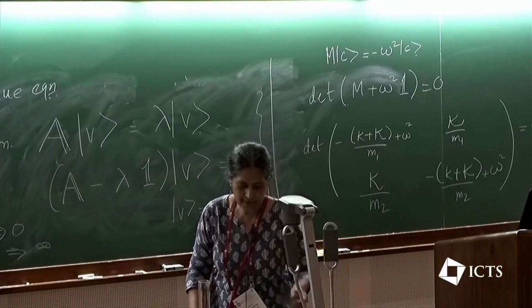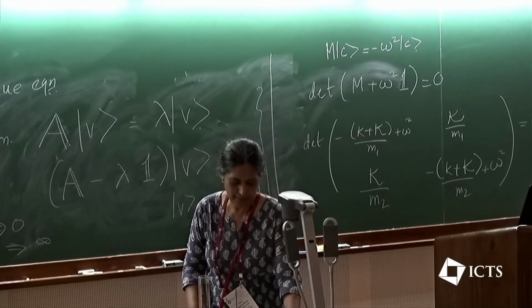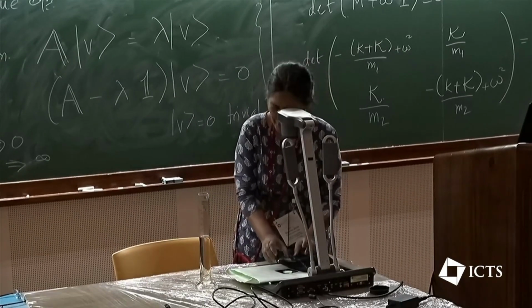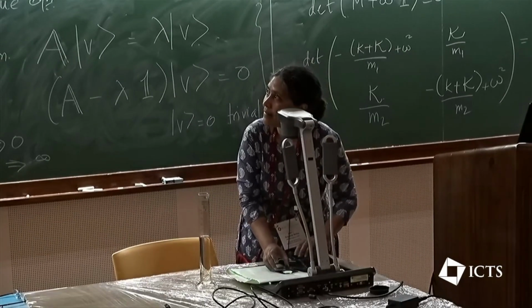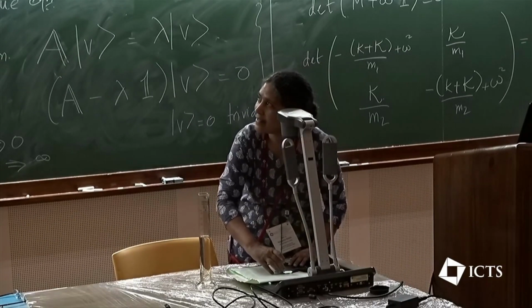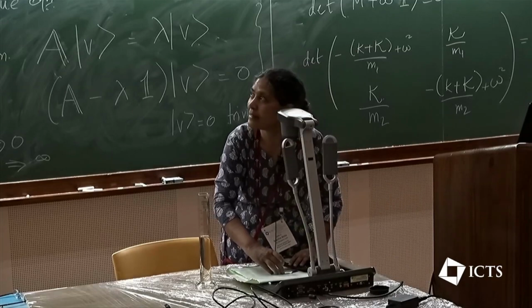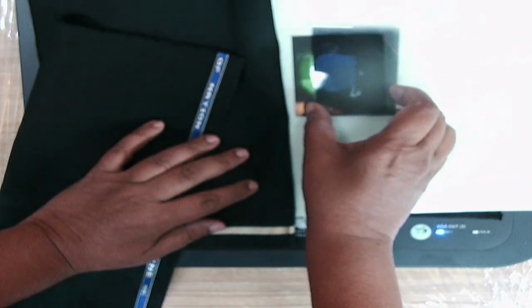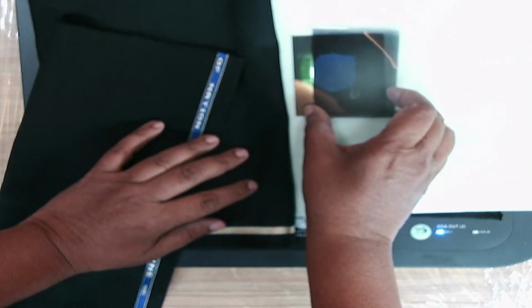Here there's a light source and I've kept a polarizer. And now I have the second Polaroid and I'll just turn it. Here the light is let through. Now if I do this, this is cross polarization. So light is getting blocked.